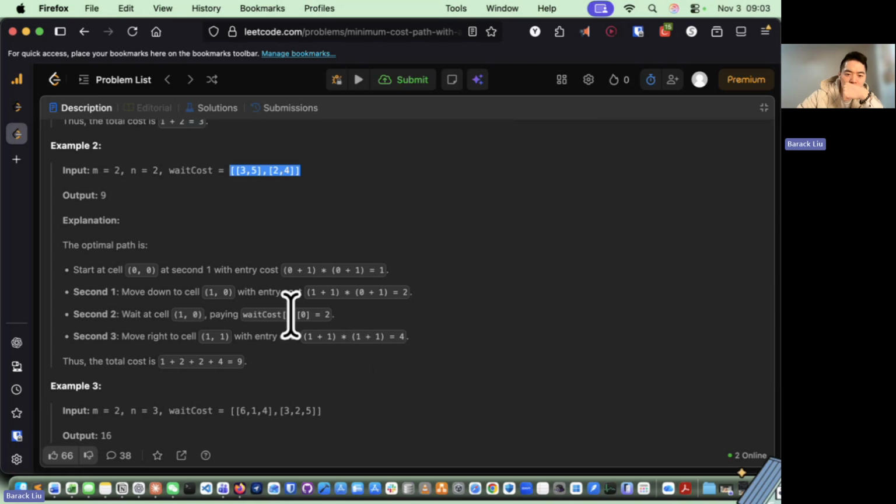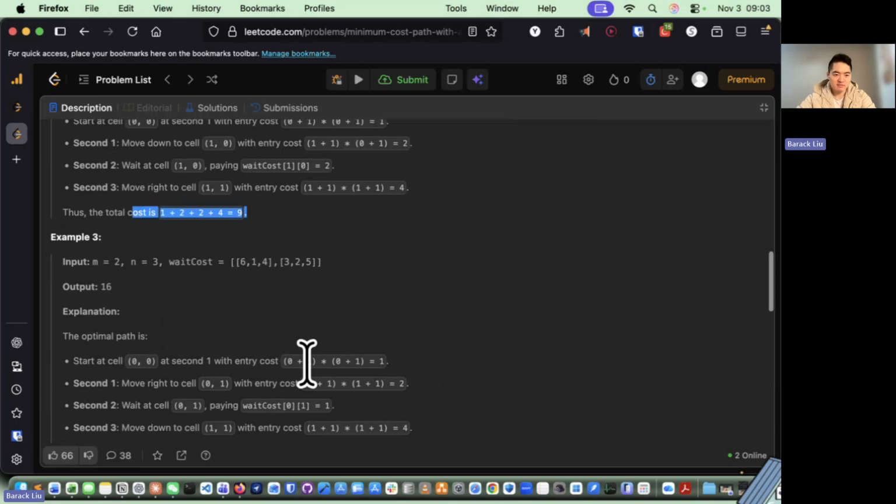I wonder, does that mean the wait cost is equal to the entry cost? But if so, what's the meaning of writing waitCost equal to 3524 in the input? I think it doesn't make sense, huh? Then the next step, move right to cell (1, 1). Entry cost is 4. Then we calculate them together.